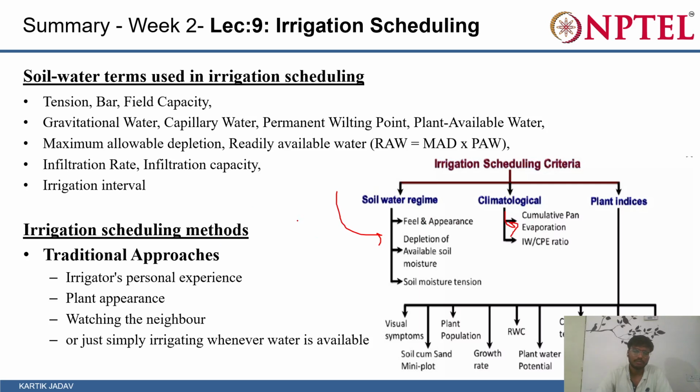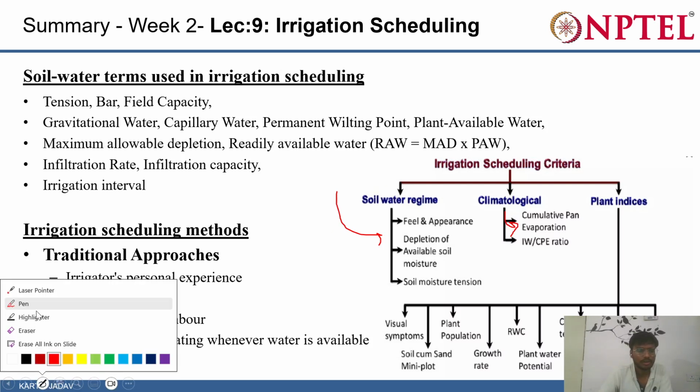So based on that, we generally estimate that this amount of water is required, which we know beforehand, and based on the available water status we estimate the plant water deficit, and calculate that this amount of water is required at the current stage.